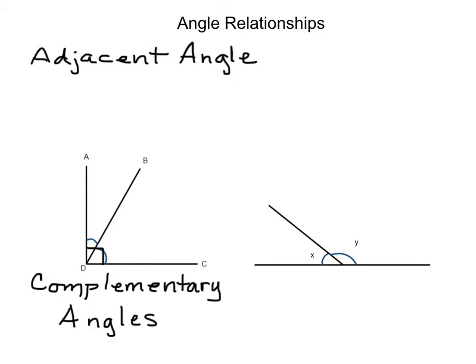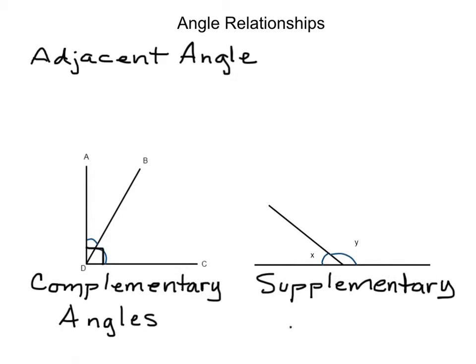Off to the right, we have another figure, and once again with our adjacent angles, this time we are forming a perfect straight line. These also have a special name. This time, these are called supplementary angles. The definition of a supplementary angle is two angles that together form a 180-degree angle.